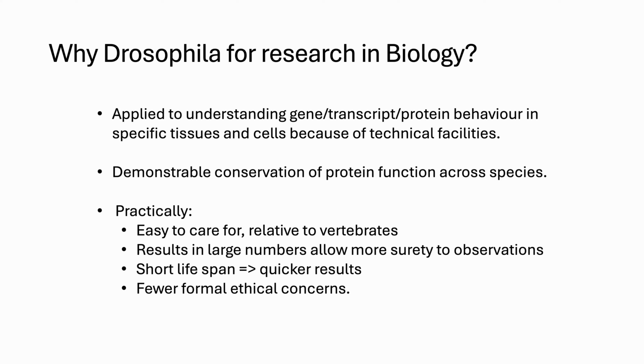So you can get solid results quicker, and because these are fruit flies, the ethical concerns that apply to vertebrates like mice and rats do not apply here. So it's easier to get relevant information with greater surety and quicker. That's the important part. That's why Drosophila are a good model system.